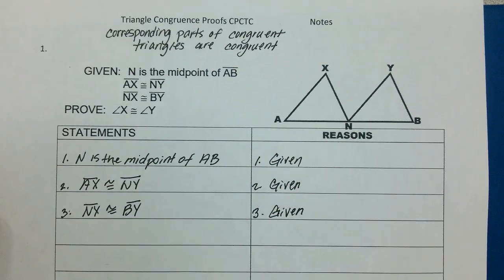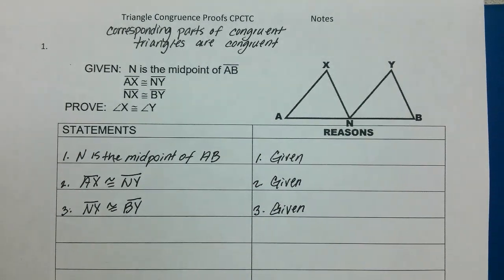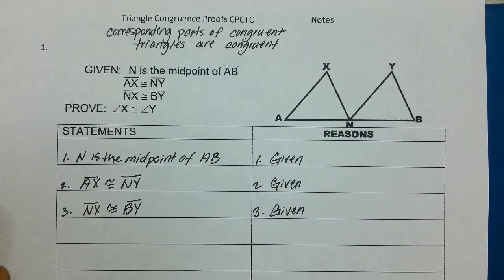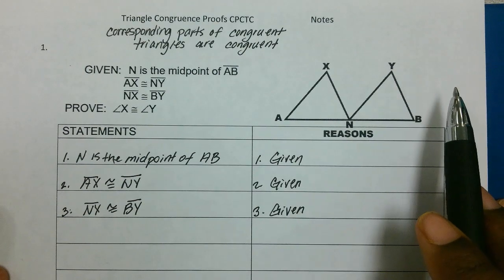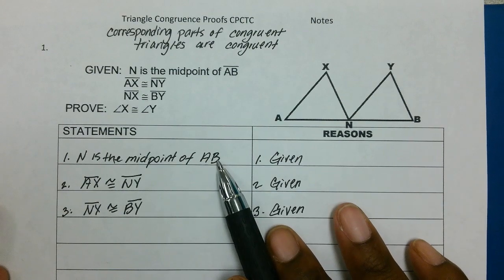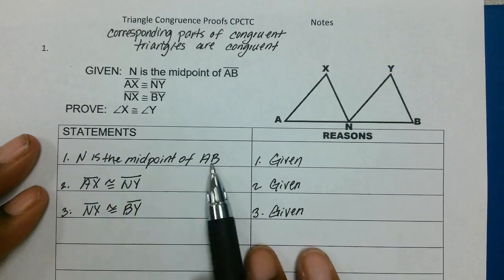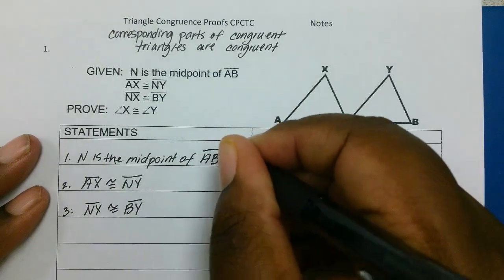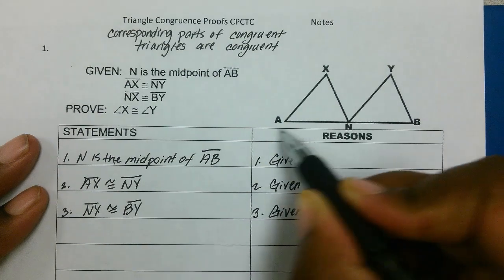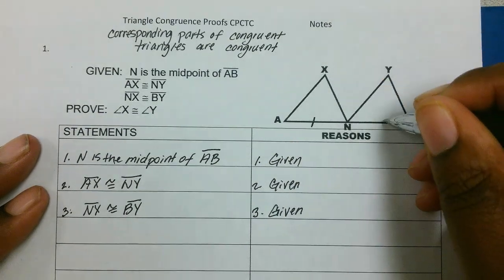Then we said, once you have your givens, now mark your triangles. Since we have to prove triangles congruent, we have to see what parts are congruent. If my statement doesn't tell me to mark something congruent, I want to see what it implies. The first one says N is the midpoint of AB. Well, that's not telling me that anything's congruent, but I know that if N is the midpoint, then AN has to be congruent to NB.